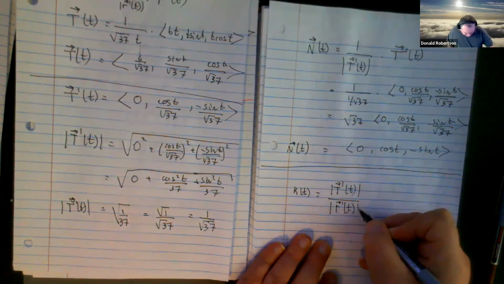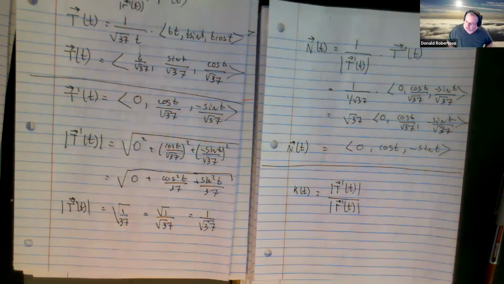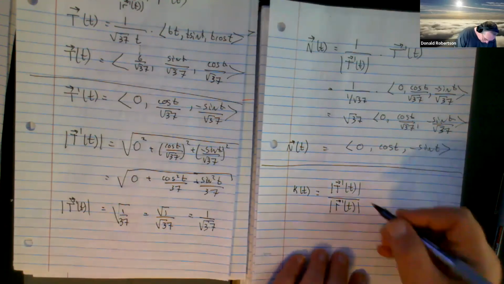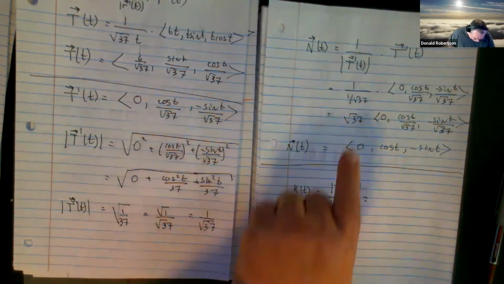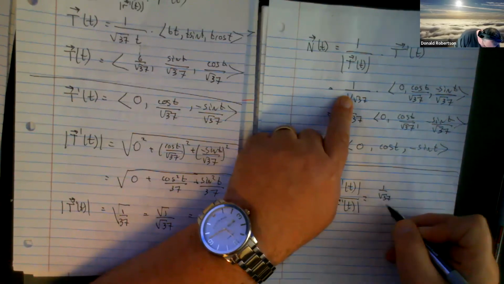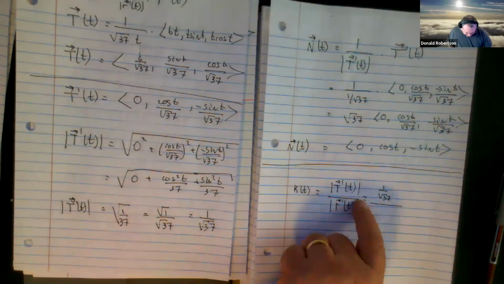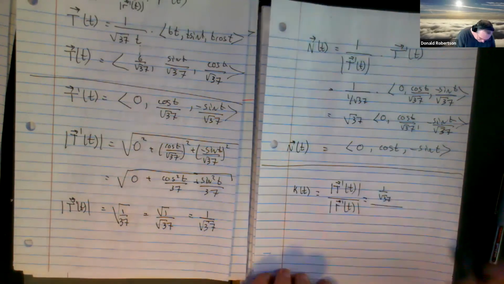Well, since you've already had to find these things in the earlier questions, it's not so much extra work, isn't it? Just finding the guys that you've already found and putting them in the right place. So the magnitude of this guy was 1 over the square root of 37. Magnitude, make it positive, I guess, but you already know that.